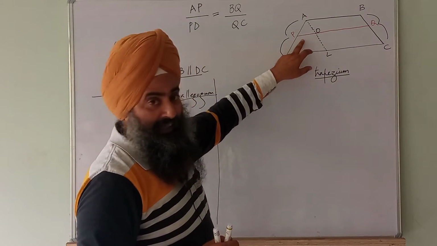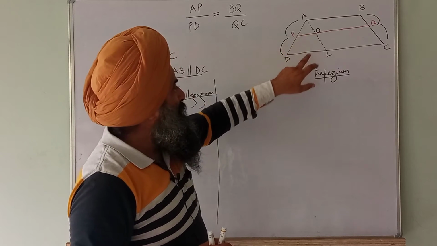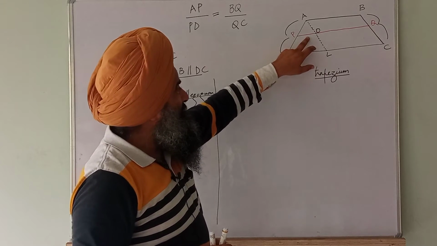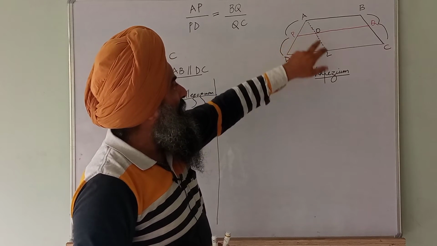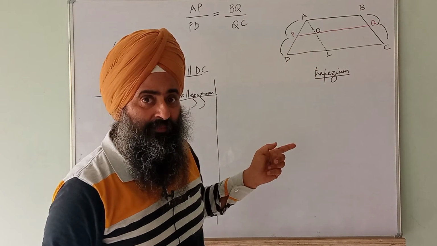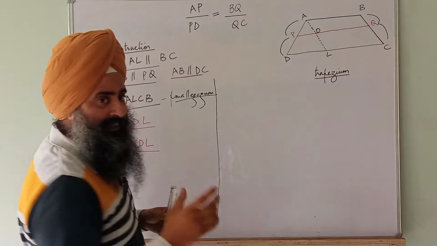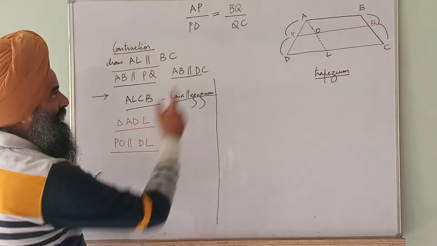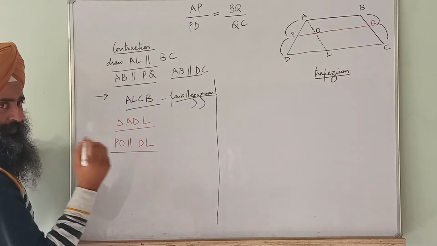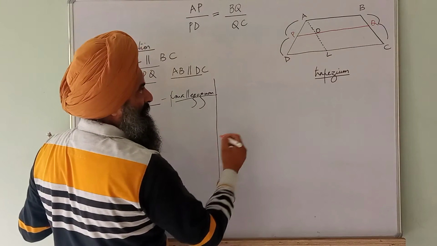So now we have learned a theorem. In a triangle, if one line is parallel to one side and this line is intersecting the other two sides, it divides them in the same ratio. That means, can you tell me which ratio is equal?